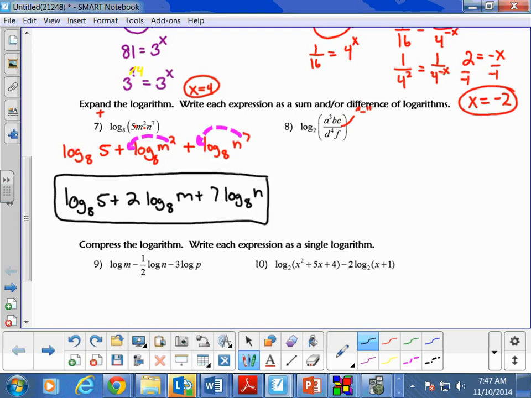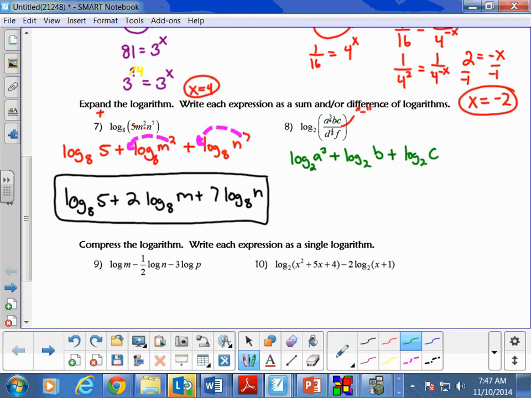Okay, good. Now let's go ahead and deal with this one over here. Now with this one here, these multiplications that you see here are going to show up as pluses. That line that I have already is going to show up as a minus, and we'll have a minus and a plus there. So let's go ahead and begin this one. Now this one's going to look like this. Log base 2 of a cubed plus log base 2 of b, plus log base 2 of c.